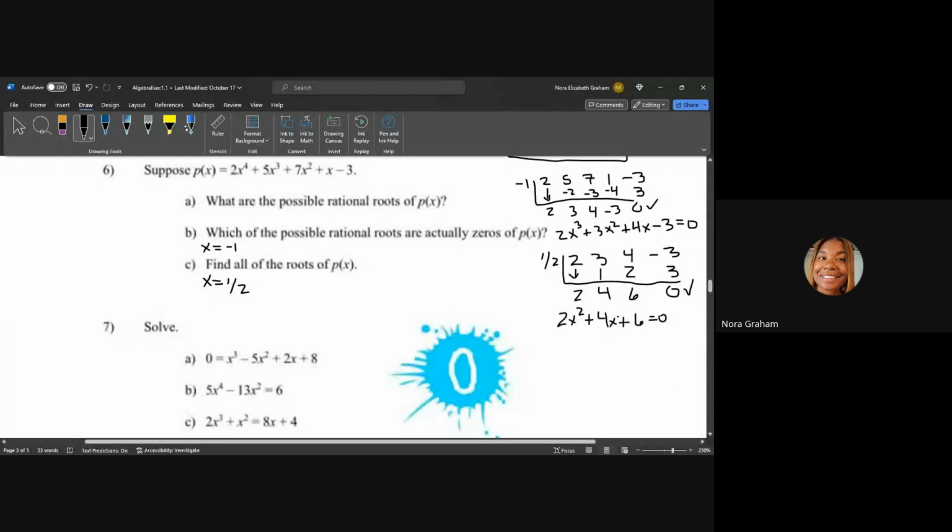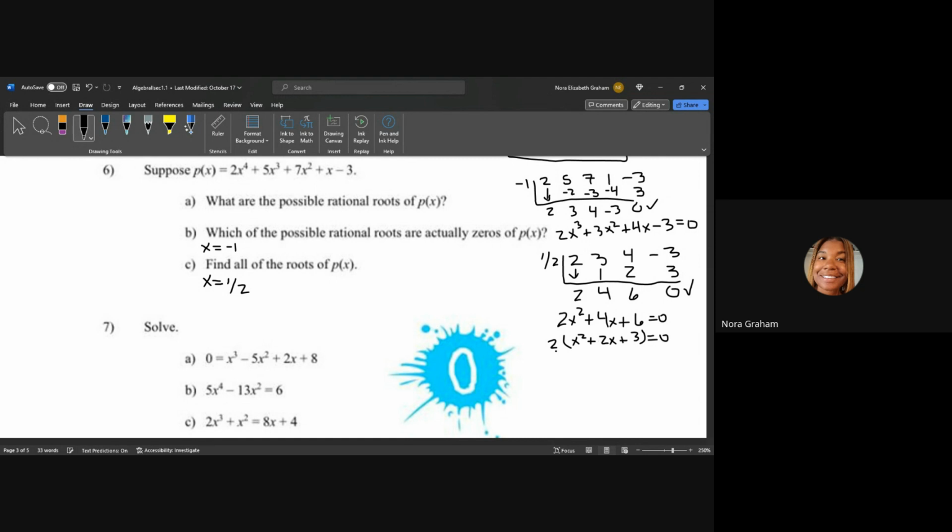I could use the cross method of factoring, or I can notice that all of these have a 2 that I can pull out. So I can use greatest common factor, pull out a 2. When I do that, I just get x squared plus 2x plus 3 equals 0.